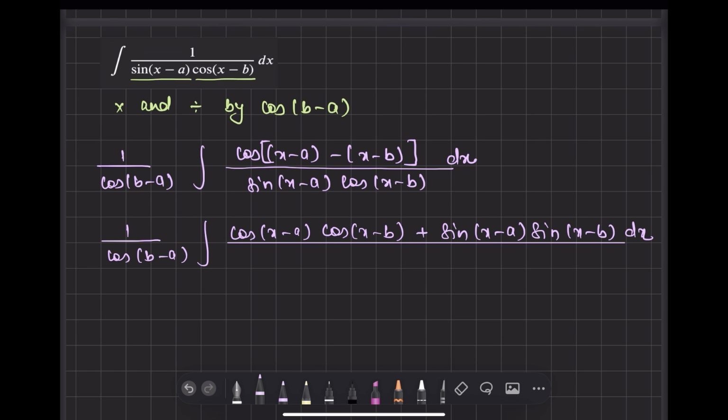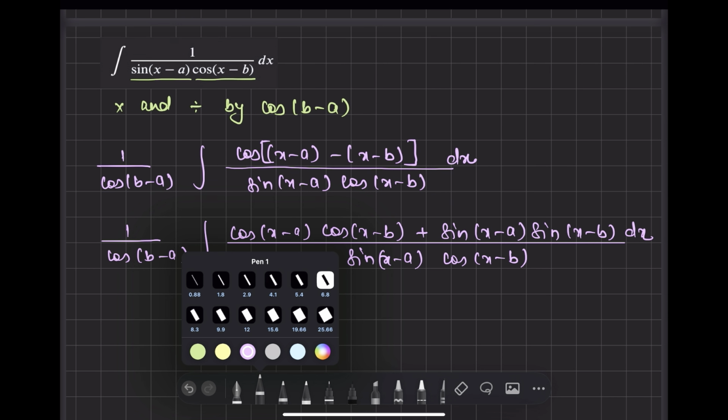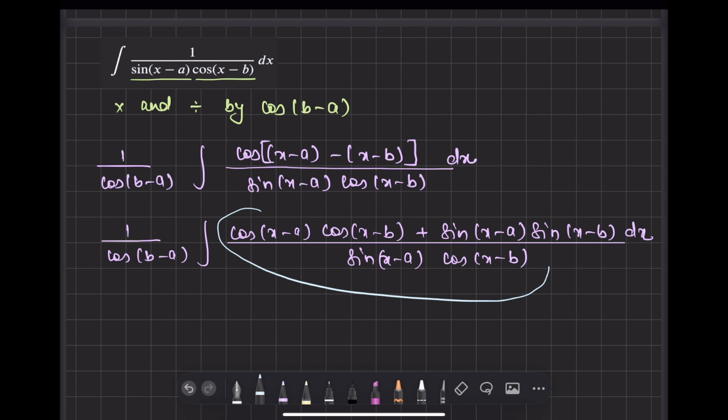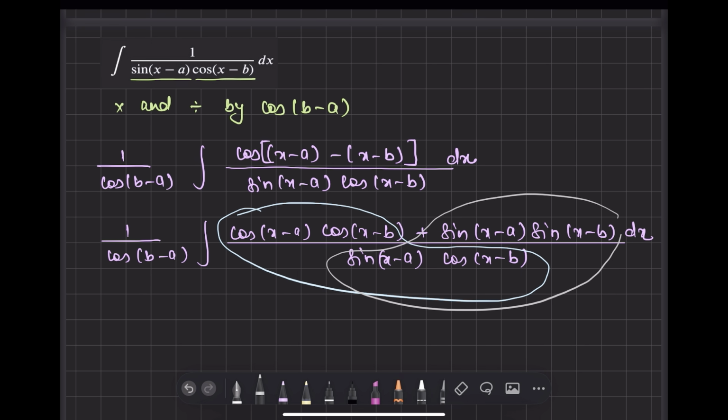Okay, and we have sin x minus a and cos x minus b. Now look at this. If you observe the first entity, you will end up neutralizing cos x minus b, and you will be having cot x minus a. And if you observe the second component, you will end up neutralizing sin x minus a.